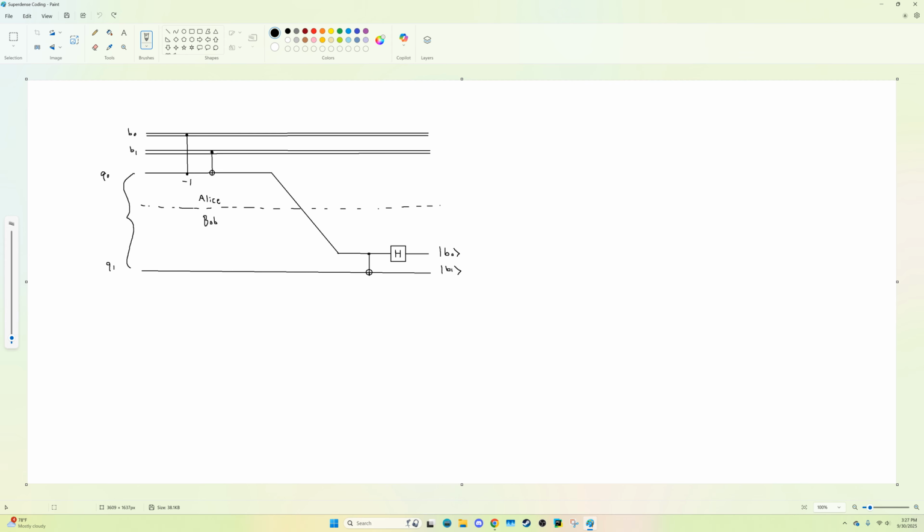So for this algorithm or circuit, superdense coding requires 2 total qubits, whereas quantum teleportation requires 3 total qubits. Okay, so let us look at the circuit with a walkthrough at each stage once again.